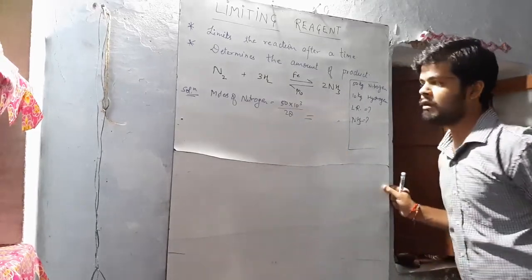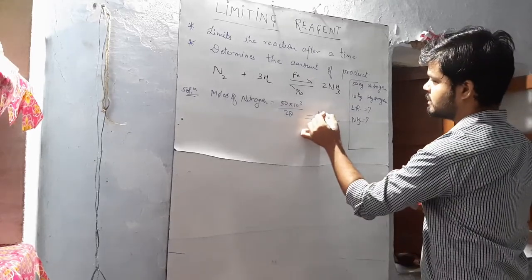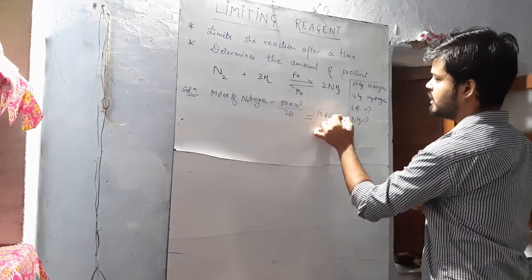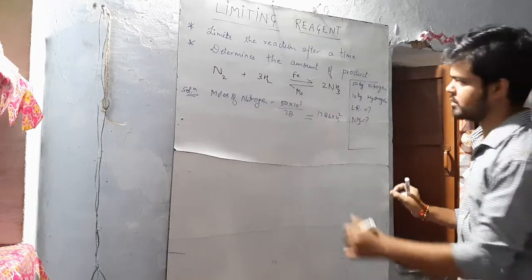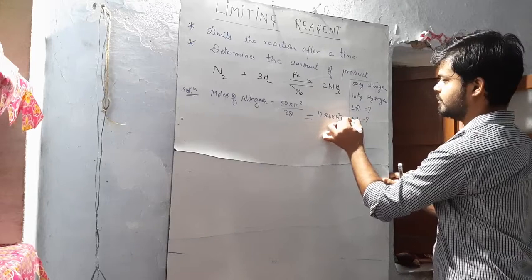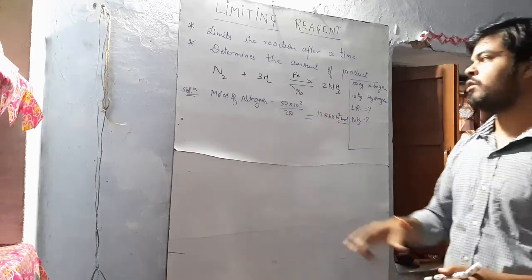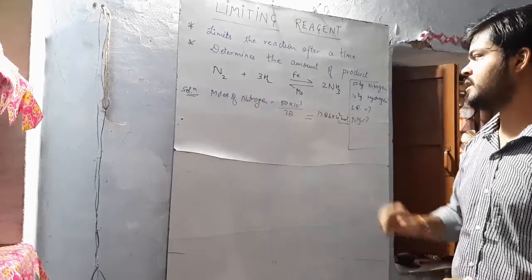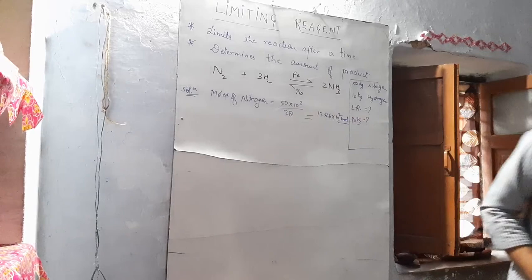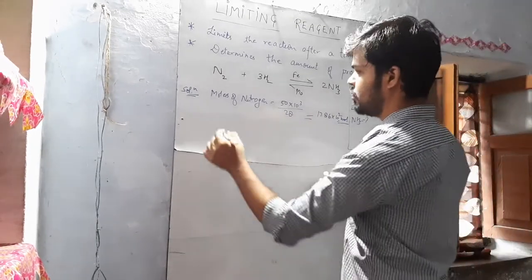On solving it we will get 17.86 multiplied by 10 power 2 moles. So the amount of nitrogen we have been given here is 17.86 multiplied by 10 power 2 moles.